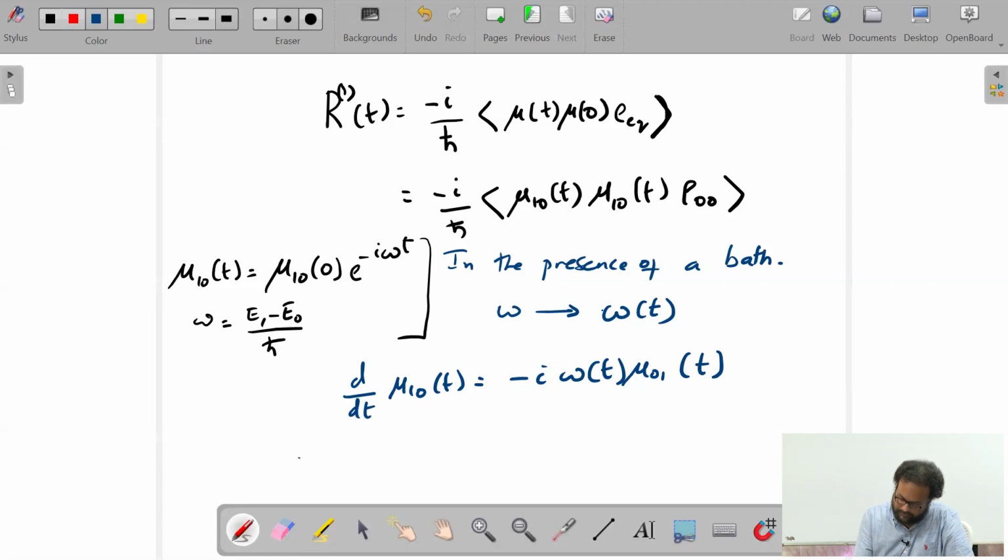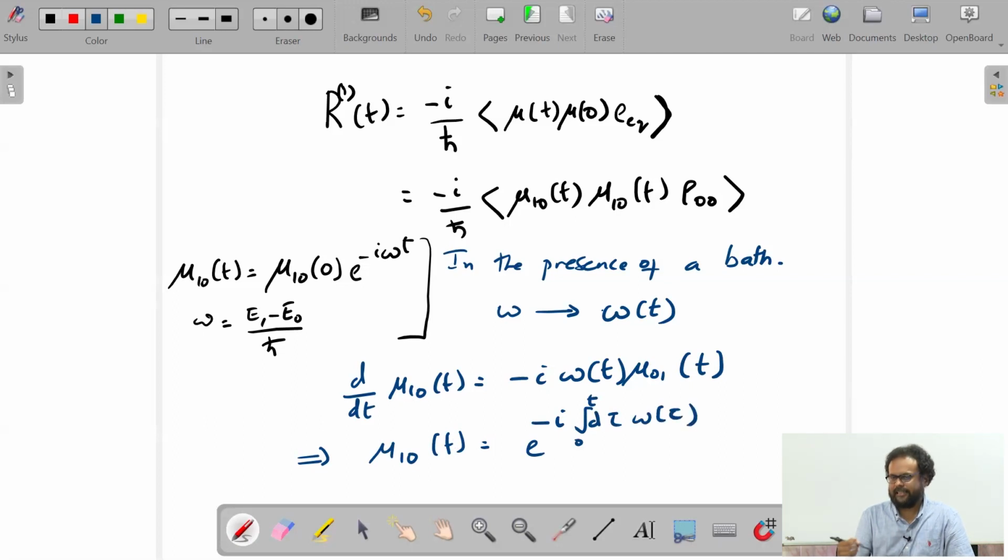If I integrate this, I get the time evolution of my dipole to be e to the power minus i integral from 0 to t dτ ω(τ). In the last class, I said the part which is most relevant is this phase acquired as we propagate with my interaction. Because of frequency fluctuations, you have to integrate over all possible fluctuations to get your overall phase acquired.